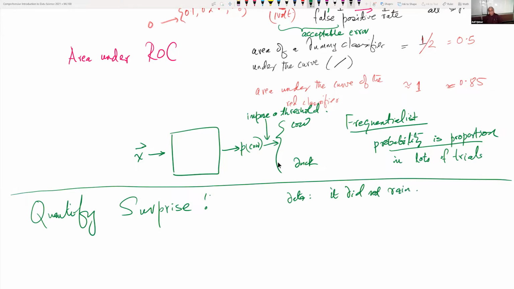How much is the surprise? Because the probability of rain, actually, let me call it the probability of no rain. If I may use a negative here, the probability of a dry day, a rain-free day, in the desert is close to, let us say, 0.999, right?